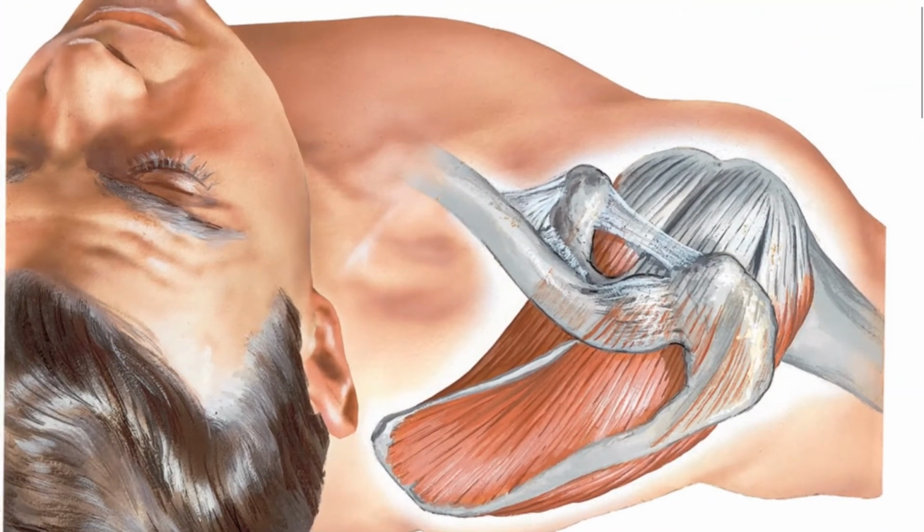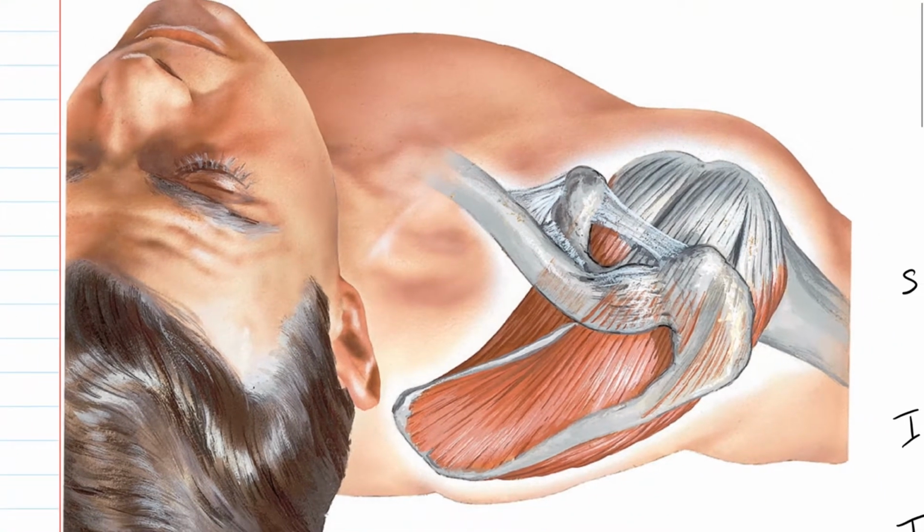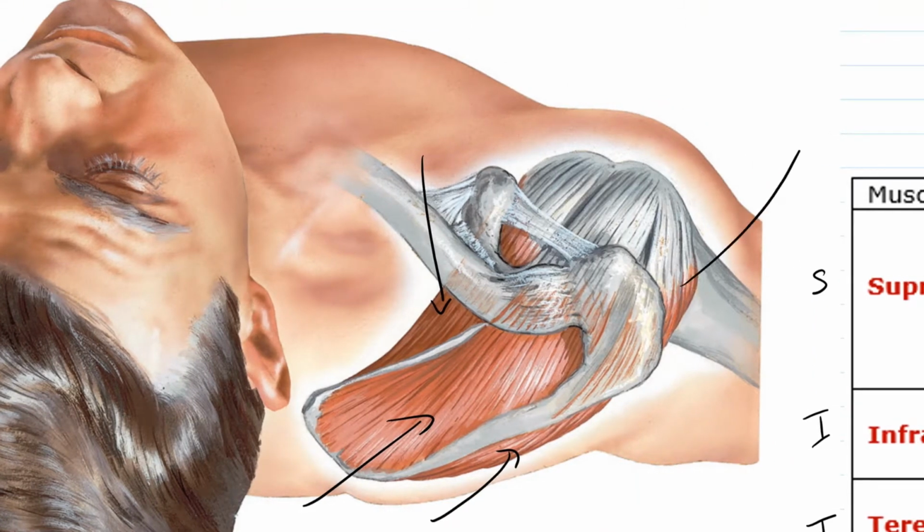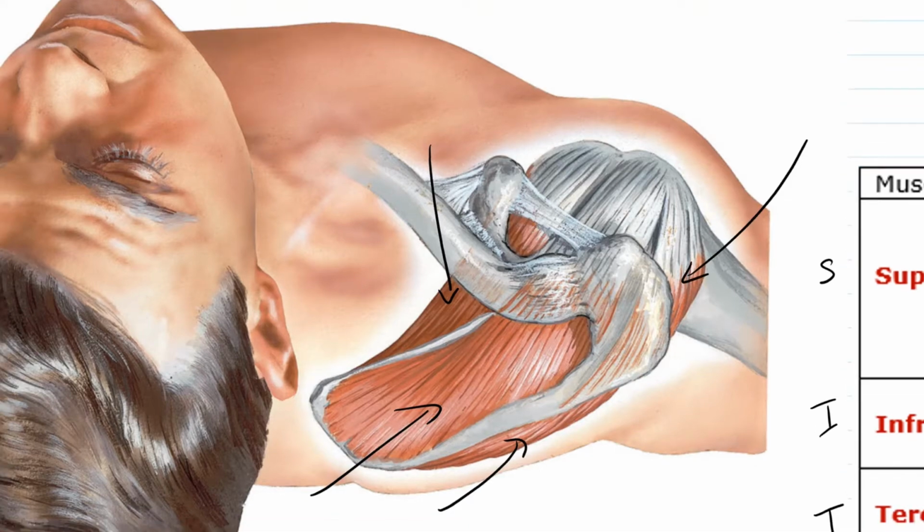So the four rotator cuff muscles are located in this superior view. In here, on the anterior side, we have the subscapularis. This is the supraspinatus. This is the infraspinatus. And lastly, on the lateral side, we see the teres minor.